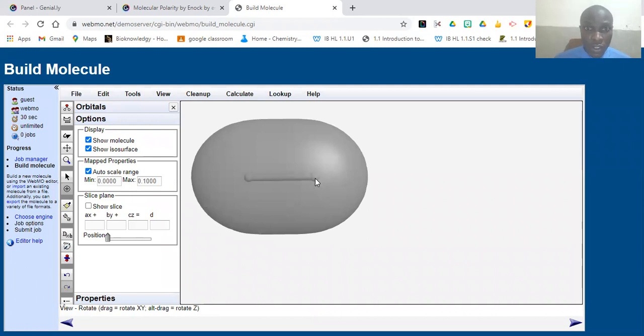First of all, these are hydrogens. They have the same electronegativity, so there's no atom that attracts the electron density or electron cloud more towards itself than the other. Because there's no overall net charge distribution or overall electron density on one atom, we say that this molecule is non-polar.